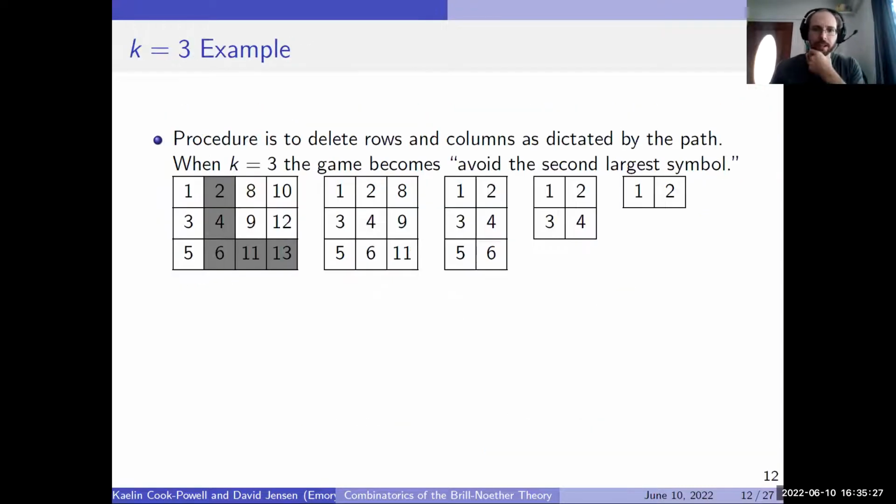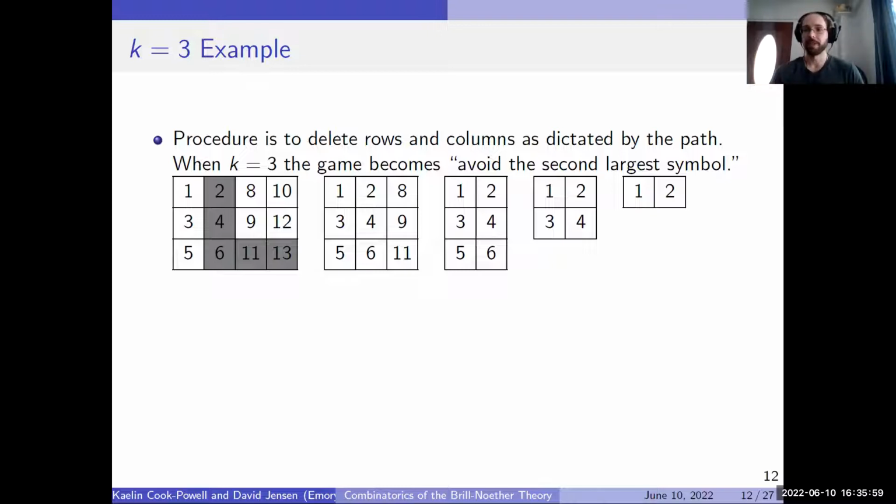Now, I just want to give an example of this procedure. And I'm going to focus on the gonality 3 case, k equal to 3, trigonal, mainly because it ends up reducing to such a simple idea. I'm just going to look at a box, at the column above it and the row to the left of it. I'm going to ask, where is the second largest symbol in my tableau?